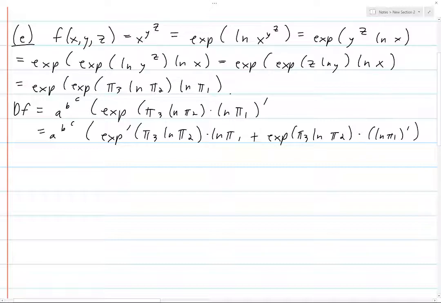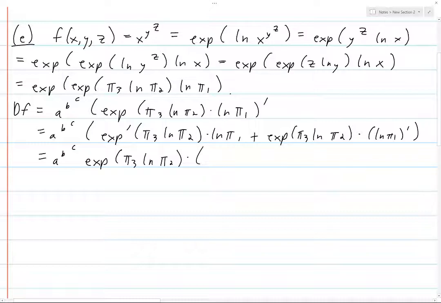Well, actually, wait a minute. When we take the derivative of the exponential of blah, blah, blah, we're going to end up with the exponential of whatever times the derivative of the inside. So what we can actually do is we have a to the b to the c, and then we can pull out an exponential of pi 3 natural log of pi 2, and pull that out of the sum.